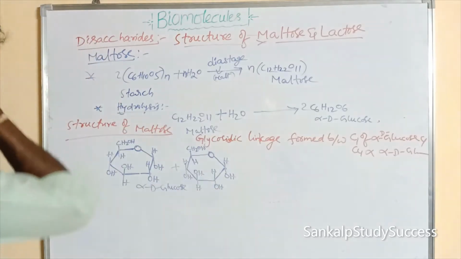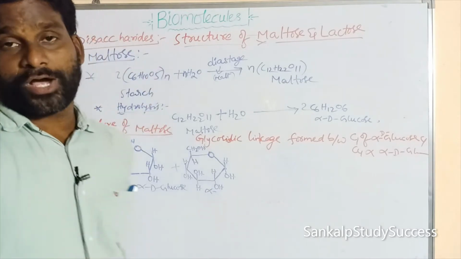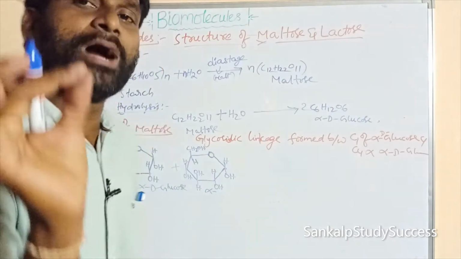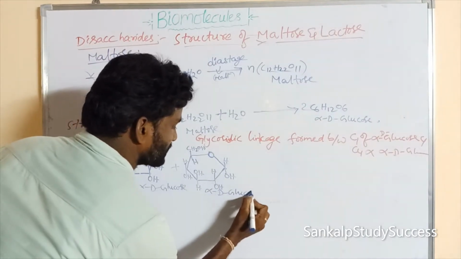So this is another alpha D glucose unit. We know that maltose is formed by the combination of two alpha D glucose units.